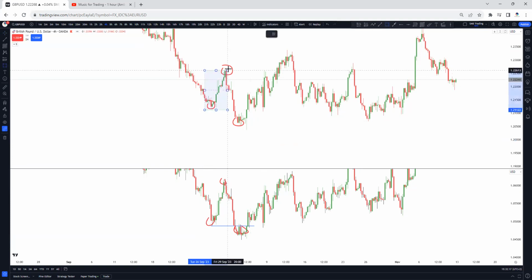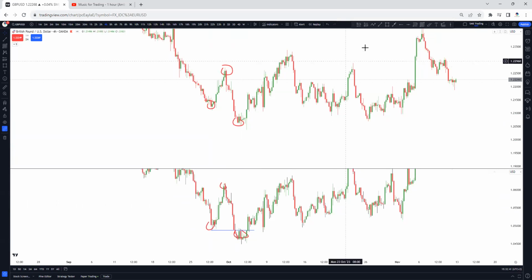I normally use the previous structure, and then I calculate how much price has moved. If price is almost up to 50%, it may not touch, that's okay. But it has to be close to 50% or lower, then that is a low. Now, this is a valid swing low.